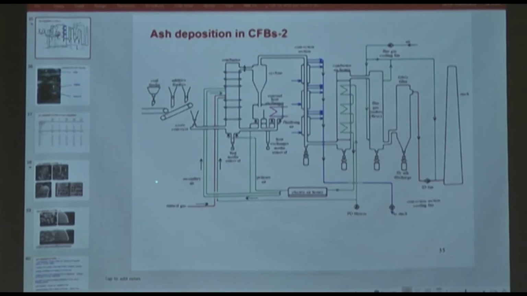So if there is a bed agglomeration problem, it can do two things. First, for the temperature indicators, the temperatures will swing vigorously, because if agglomerates form and block the tip of the thermocouples, then it will not show a steady temperature.